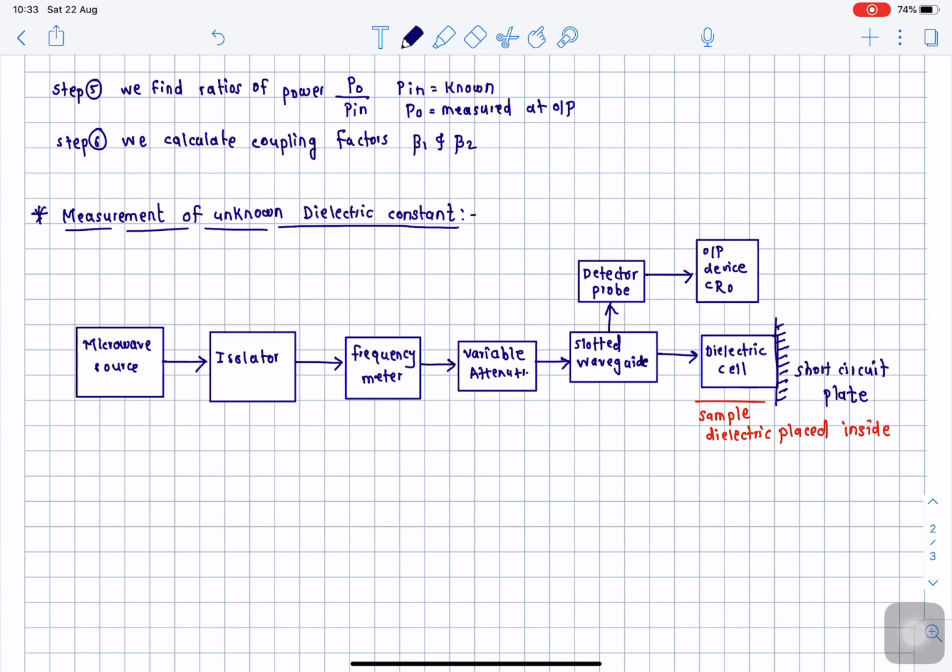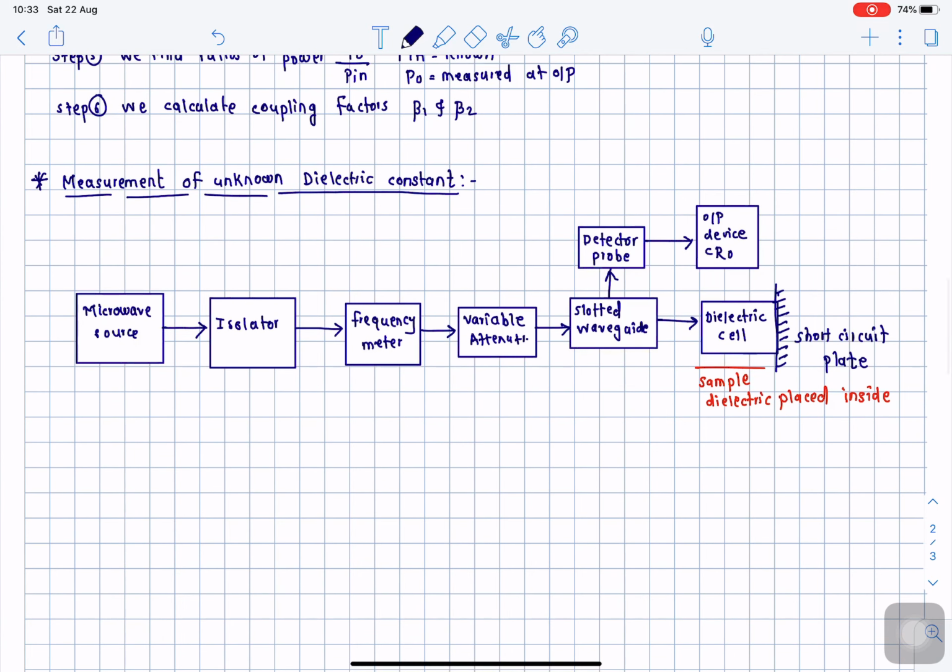Okay, so here we need to find out the parameters in the standard equation in order to calculate the dielectric constant. The dielectric constant is calculated by evaluating the formula: beta E, which is a phase shift constant, is given by 2 pi divided by the guide wavelength when the dielectric material is placed inside the waveguide.